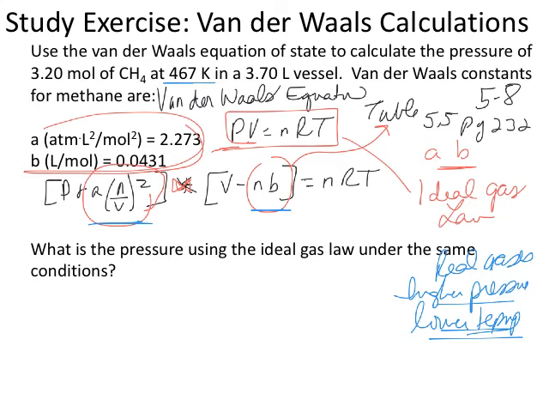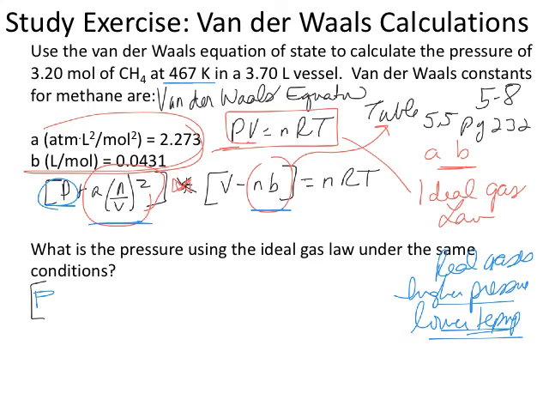Basically, this is just a plug and chug question. Now that you understand it, and you have the equation, which you do not have to memorize, we're just going to put the given values into the equation. We're going to solve for pressure, which we don't know.